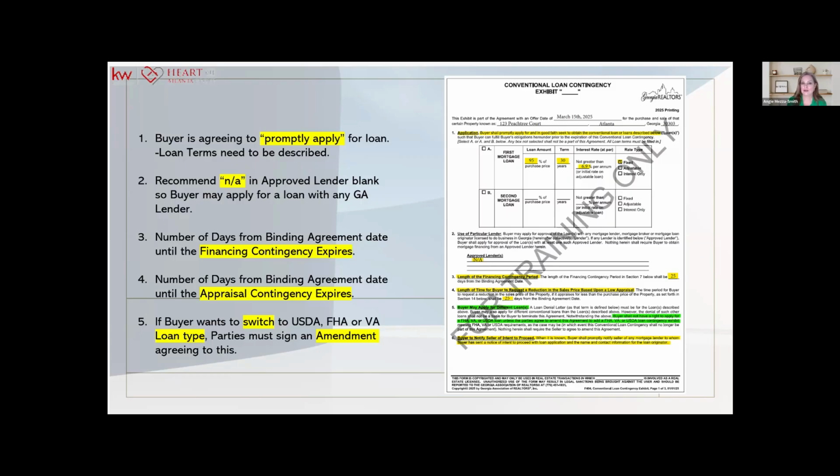So when one expires, that doesn't necessarily have any effect on the other one because they have their own expiration dates that can be put in there. Or in the case of FHA and VA, they don't have an expiration date. The expiration date is the closing date.